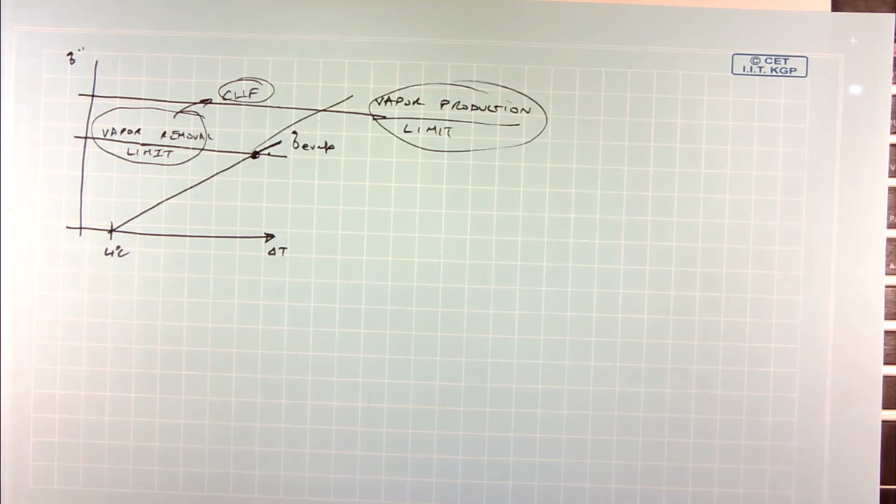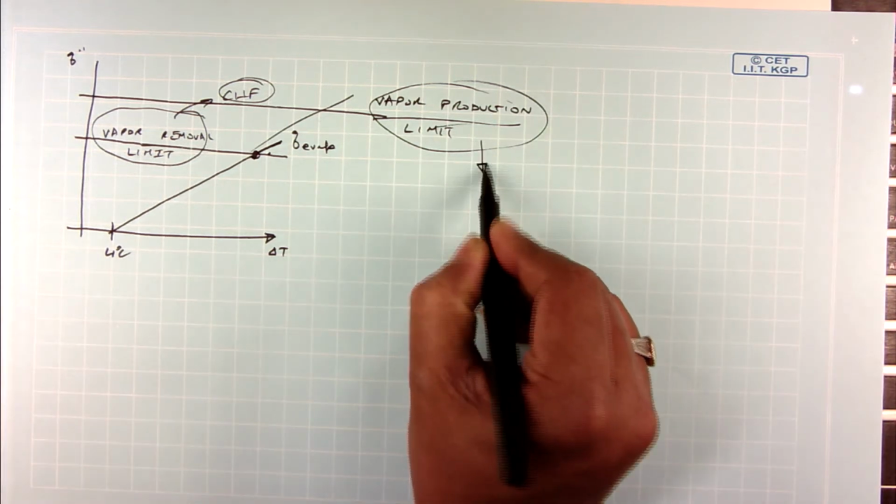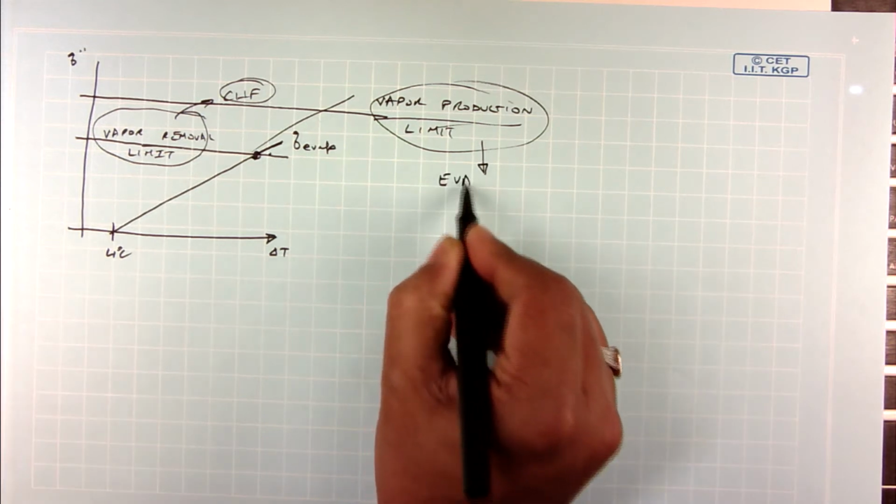So I need to figure out this vapor production limit in order for me to know what is the maximum possible heat transfer I can get in a boiling system, whether it's pool boiling or flow boiling. Make sense? Right. So the concept that is used to figure out this vapor production limit is what is known as evaporative resistance.